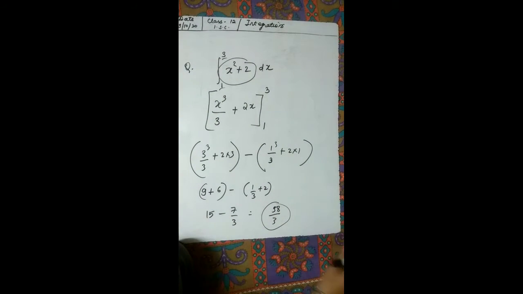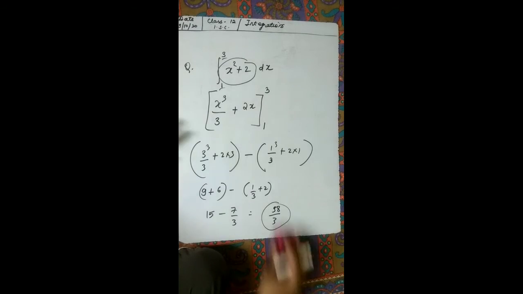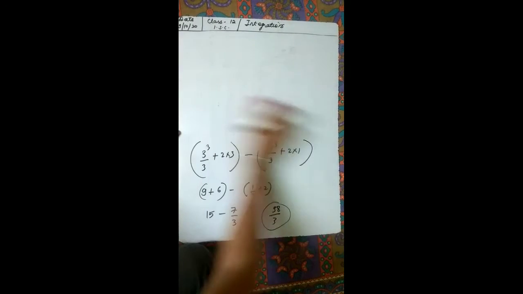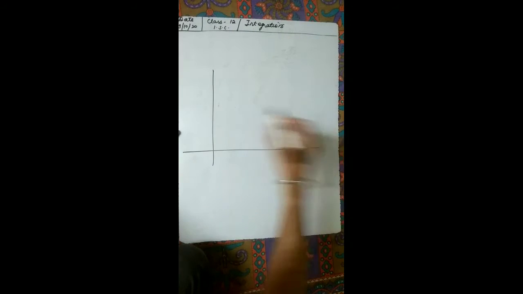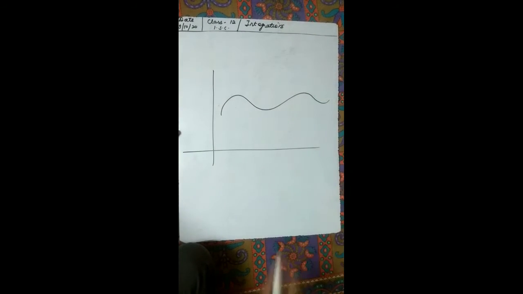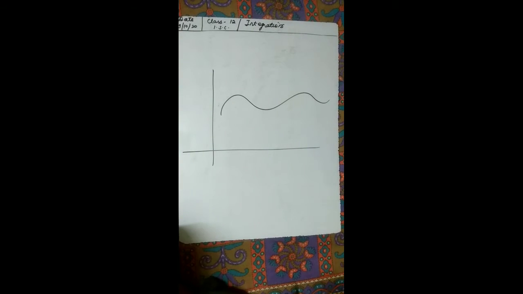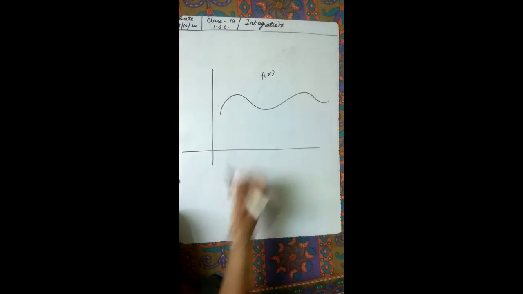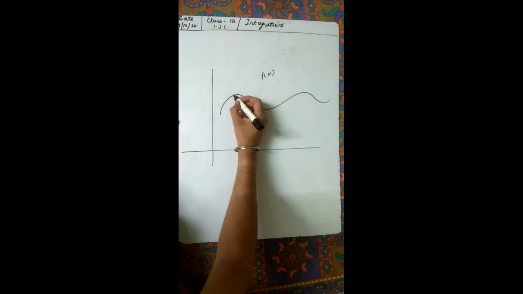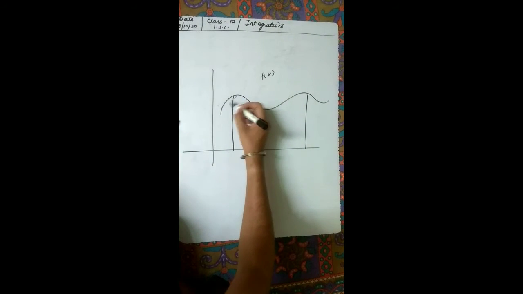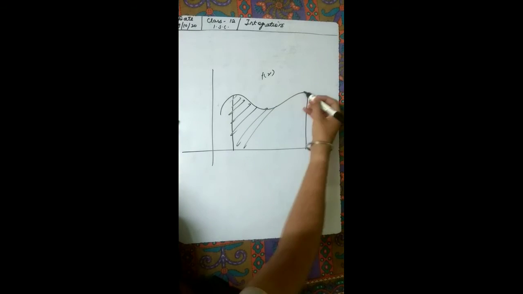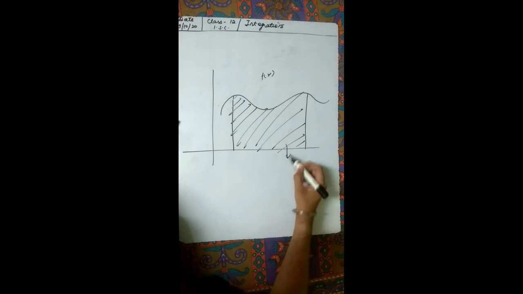Now you understand the actual meaning of this. This is an area function. How is it an area function? Say for example, if this is your function f(x) in the graph and you are trying to find the integration in this limit, that means we are trying to find this particular area.